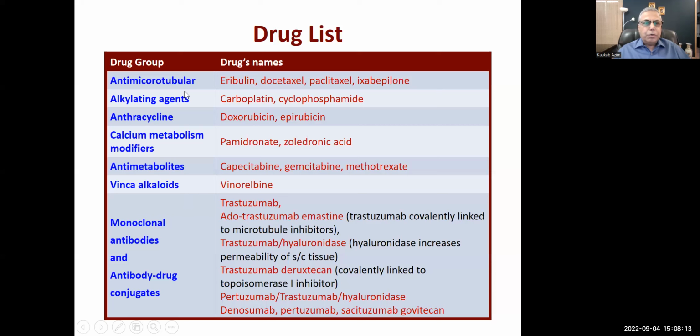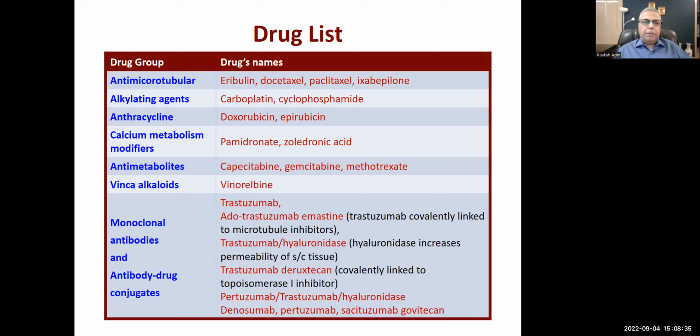These anti-microtubular drugs like docetaxel damage the microtubules, okay? So they cause peripheral neuropathy, because microtubules are so important in the neurons for the transport of vesicles from the cell body to the axon terminal.